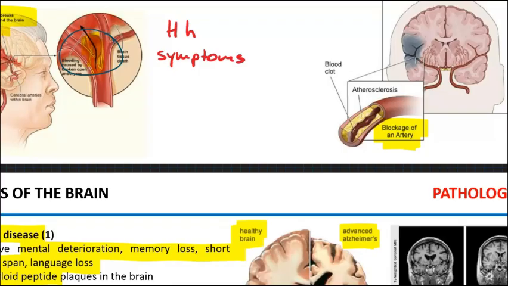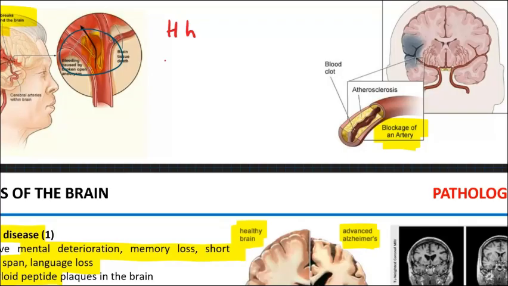Now, you may wonder, how does that condition remain in the population if people die? Well, the onset starts in late 20s, early 30s, way past the time when we reach reproductive age. So now imagine that someone doesn't know that they have the mutant gene.